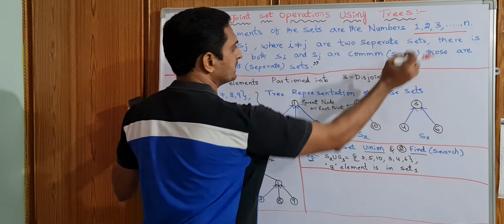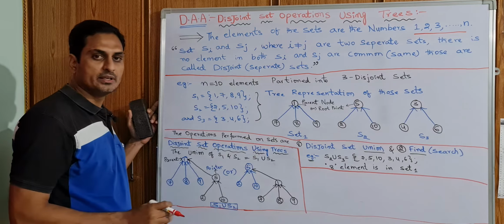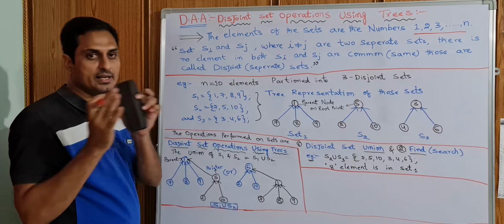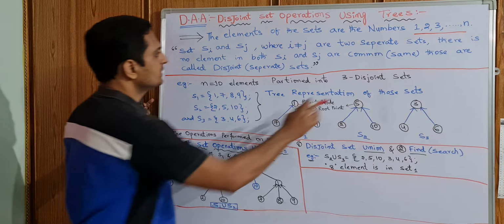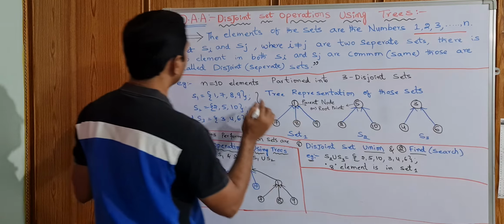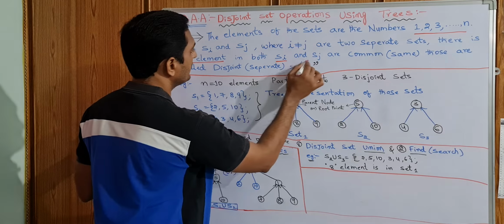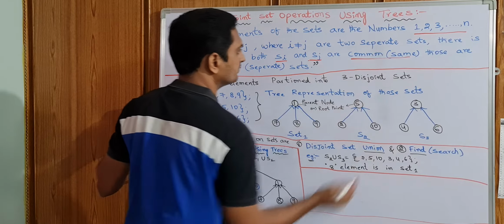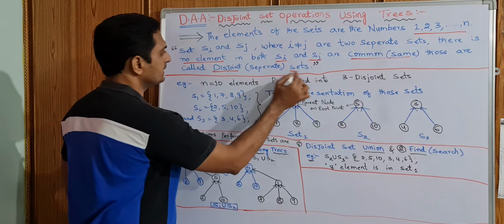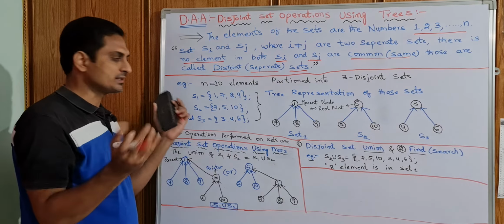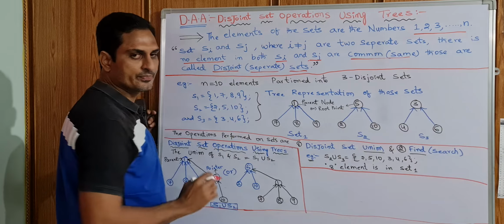Si is a separate set and Sj is a separate set. If no element is common to both Si and Sj, then those two sets are called disjoint sets, nothing but separate sets. This is the definition of disjoint sets.